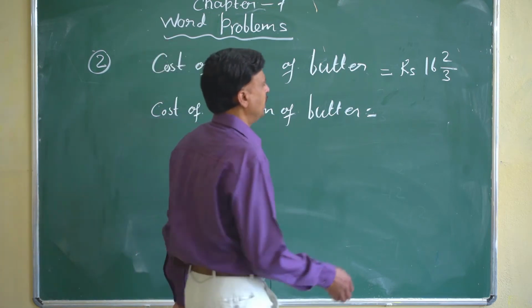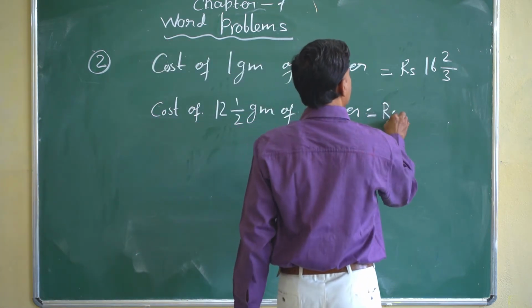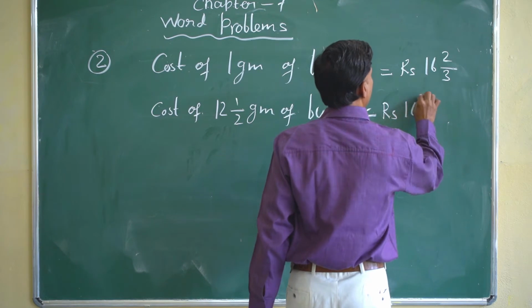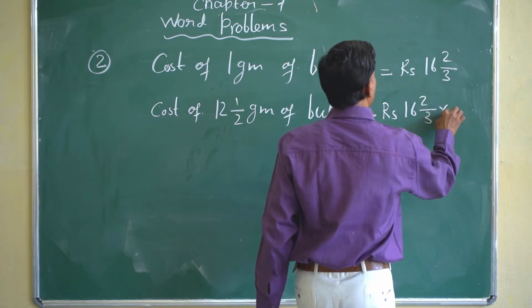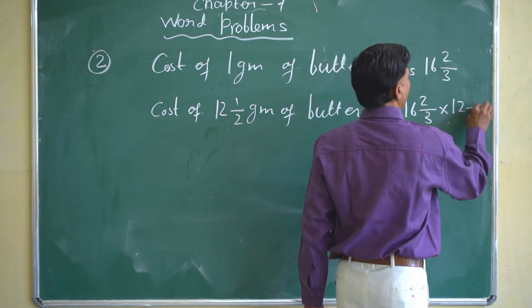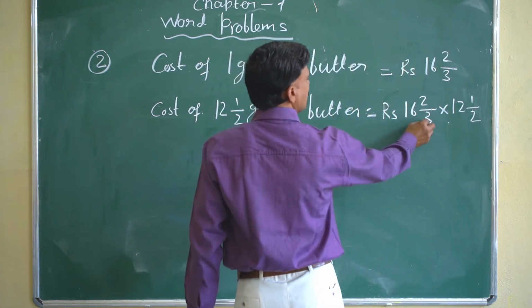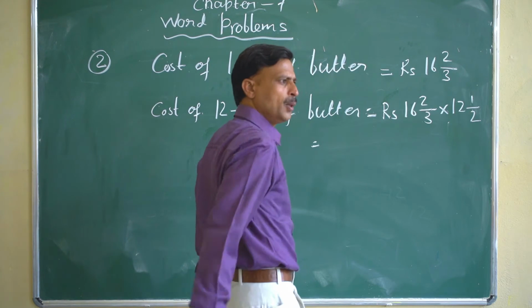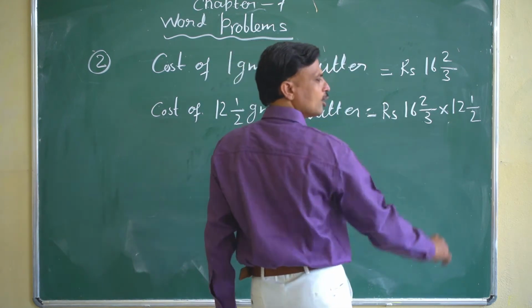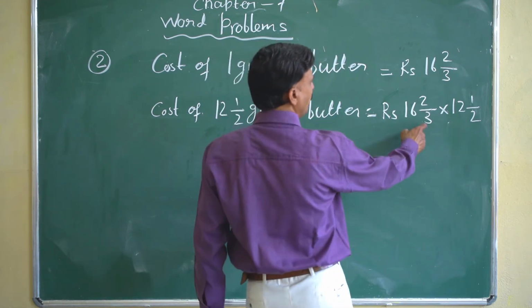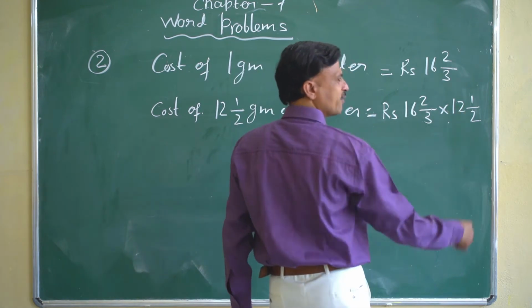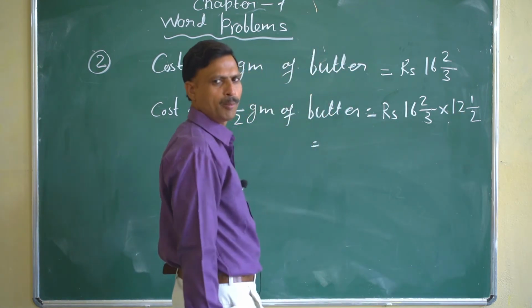That is rupees 16 whole number 2 by 3 multiplied by 12 whole number 1 by 2. First, both are in mixed fractions, so we'll convert both mixed fractions into improper fractions.